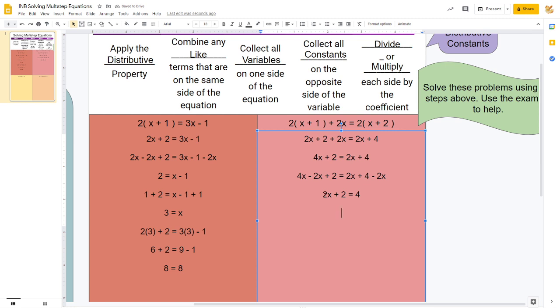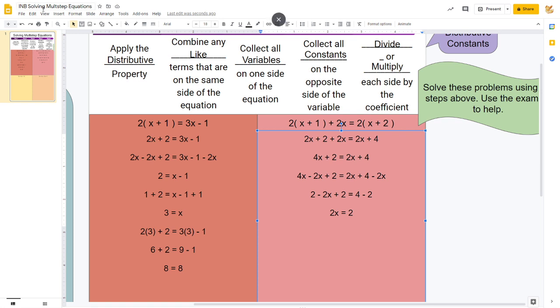So now what we're going to do is get rid of this 2 because it is with my variable and I want all the variables on the other side. So the opposite of plus 2 is minus 2. Okay, so this is still 2x. 4 minus 2 is 2. Now it looks like here I need to divide both sides by 2.